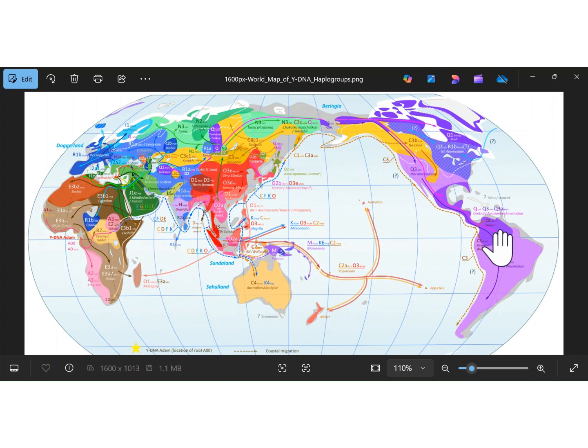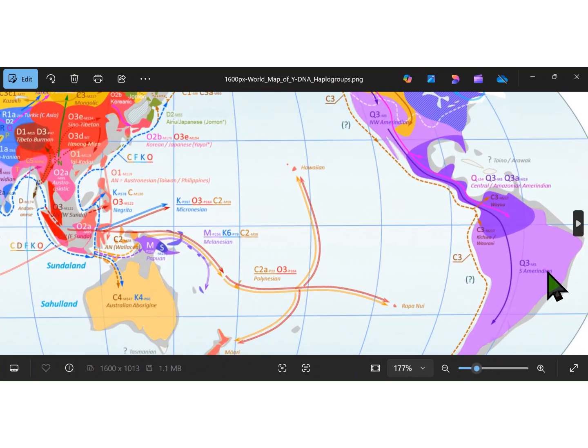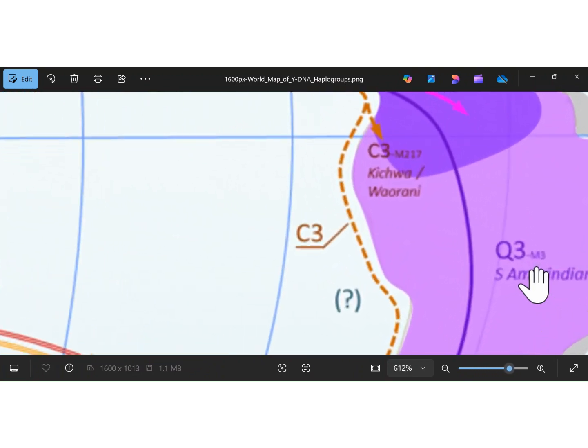In fact, QM3 is the ancestor. Even consensus recognizes that it's a different group, and it started in South America or even in the Amazon forest, and you see it's Q. You see again QM3. You'll see it here.